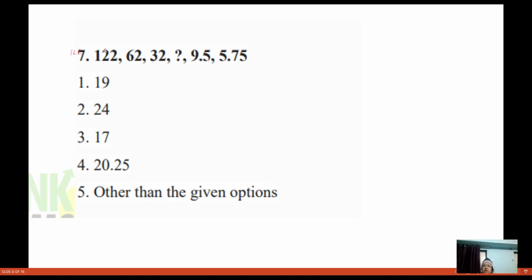Is there any other method of doing this? 122, 62, 32, 17, 9.5, 5.75. If I divide 122 by 2, I'm getting 61, and 61 plus 1 is 62. If I divide 62 by 2, I'll get 31, and 31 plus 1 is 32.